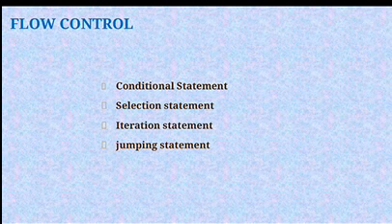So an operator is a symbol that we know operates on a value or variable. For example, plus is an operator to perform the addition operation. And the C language has a wide range of operators to perform various operations.